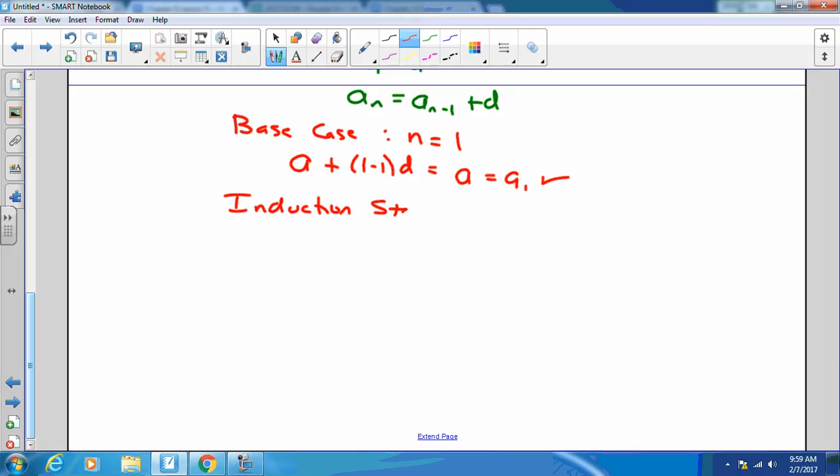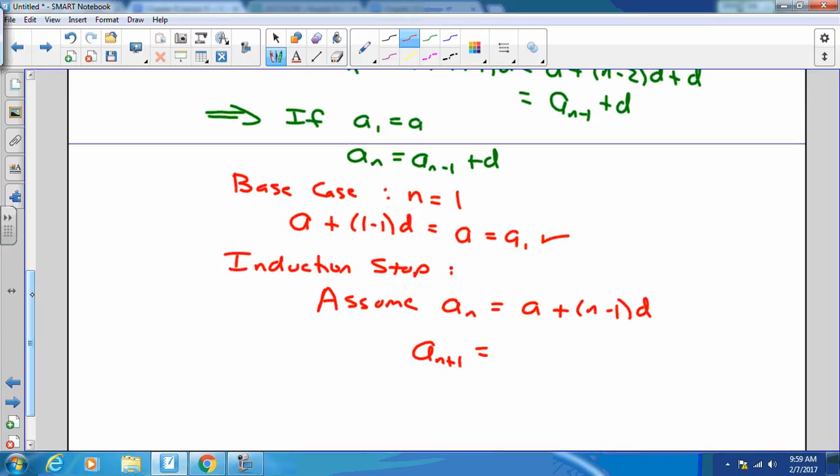Now for our induction step, we're going to assume that A sub n is equal to A plus n minus 1 times D. And we are going to show, therefore, that A sub n plus 1 has the right form.